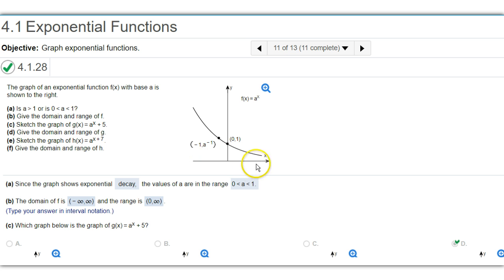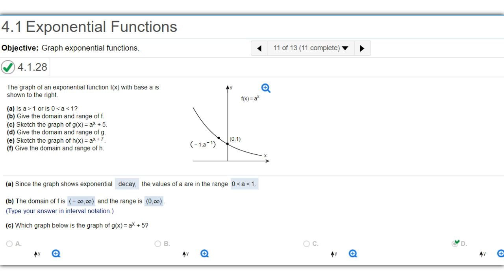Remember, your horizontal axis, in this case the x-axis, has the equation y equals 0, which is your horizontal asymptote. So the range would start just beyond, and we'd use a parenthesis for that, 0, and go to positive infinity.